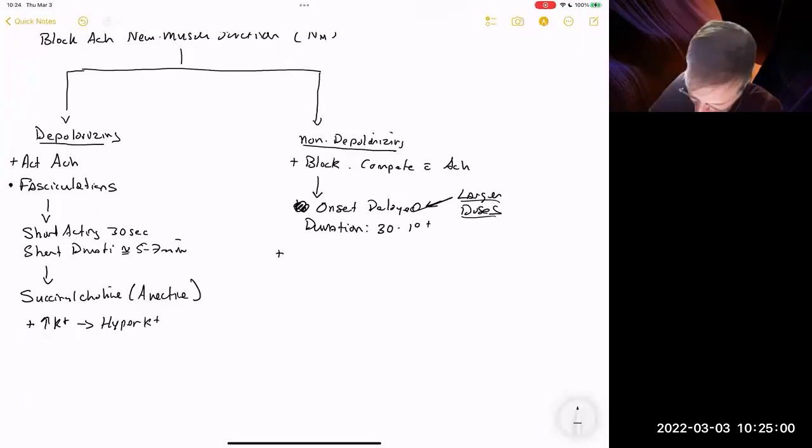There are several examples of non-depolarizing agents. Rocuronium is one of the most commonly used in the pre-hospital environment, also known as Zemuron.